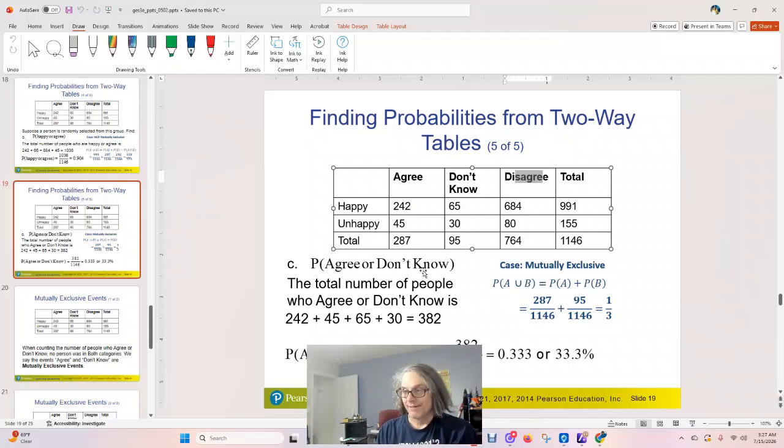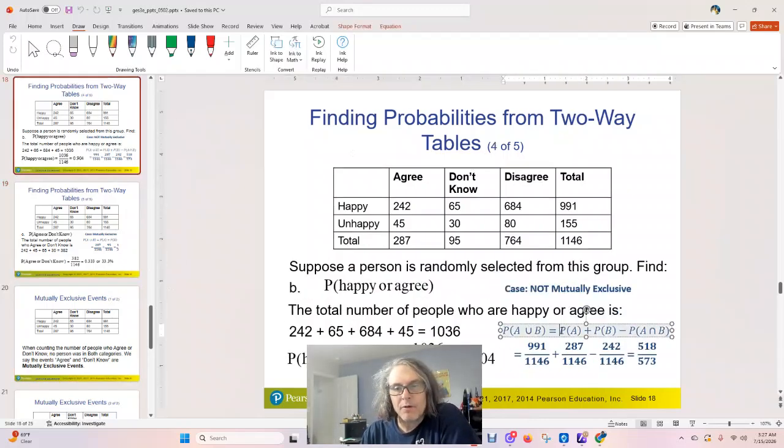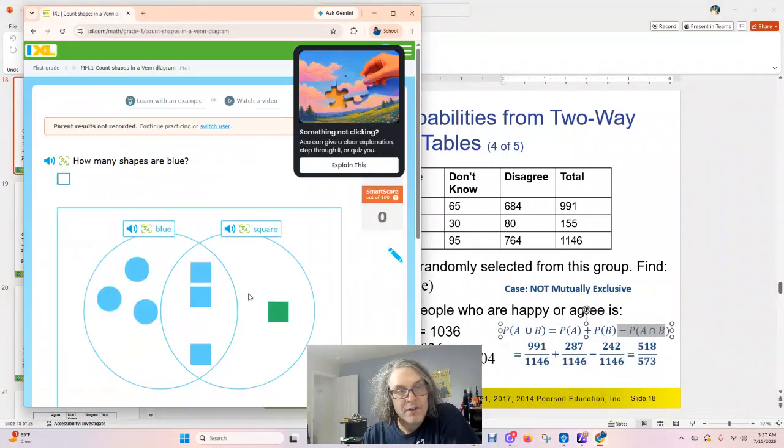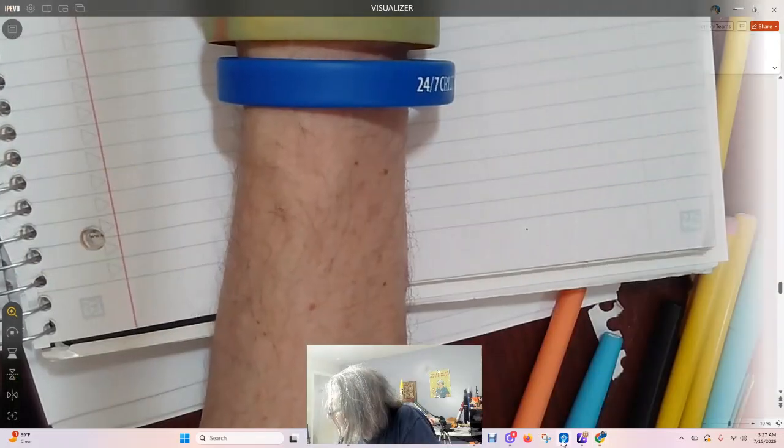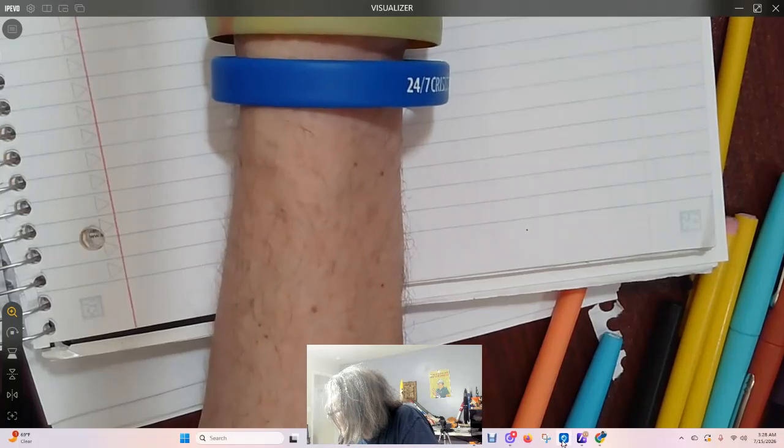Not in math, anyway. Anyway, we get the idea. This is the one we're going for. Notice this is whenever they're not mutually exclusive. That's how you find a union. You've got to take out that middle part in the Venn diagram.